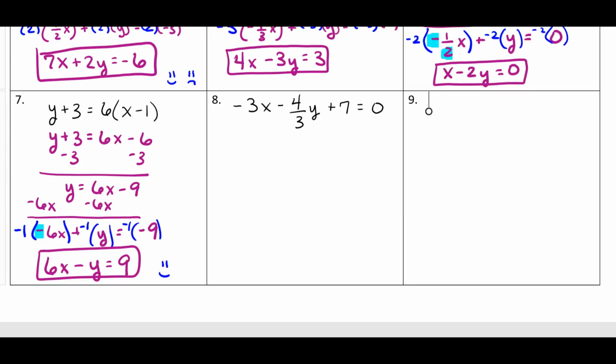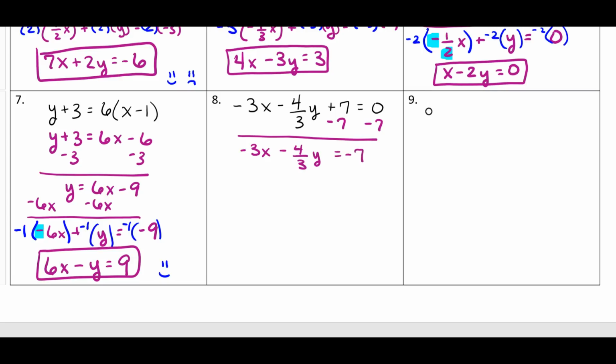Now, this is not in slope-intercept form or standard form, but we can still get it down into the right form. So the first thing we want to do is get the x and y by themselves. They're already on the same side, but we need to subtract this 7 to get the constant over on the right side, giving us negative 3x minus 4/3 y equals negative 7.